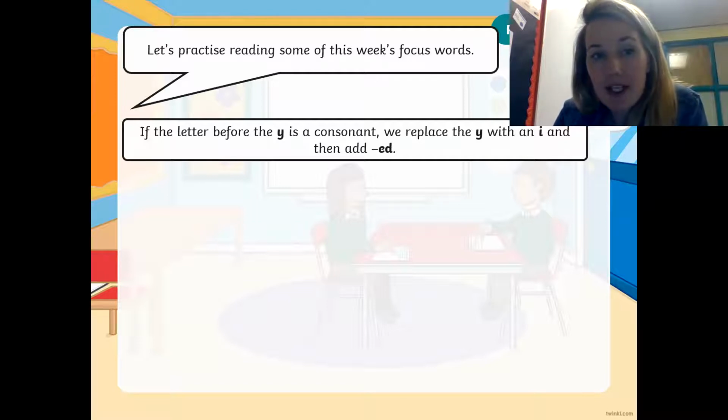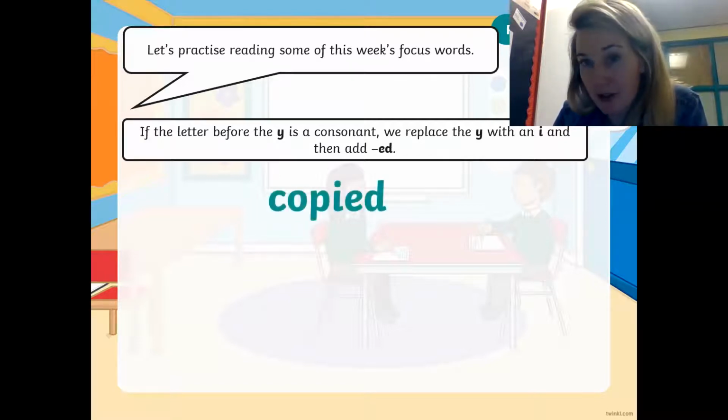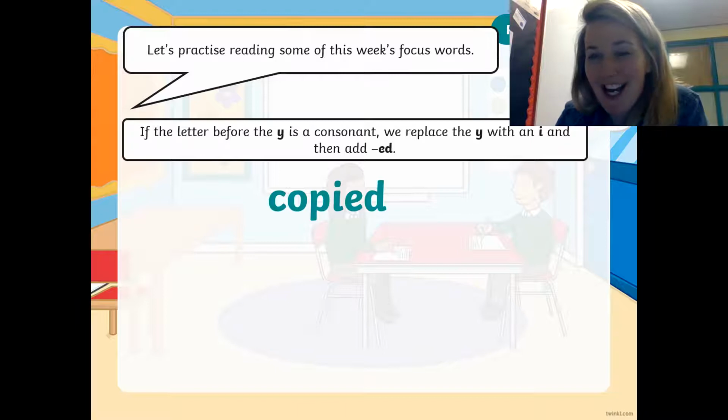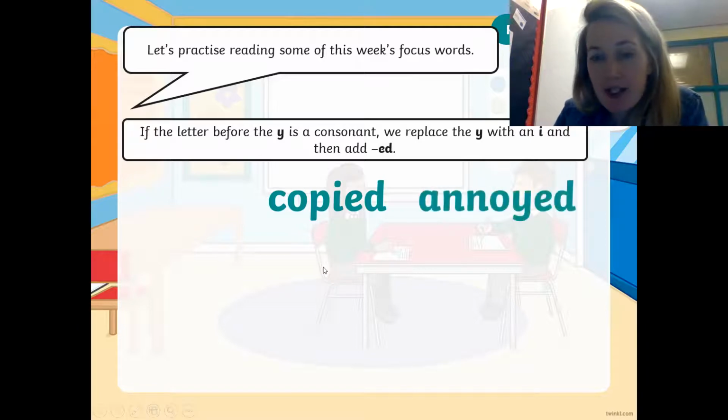So if the letter before the Y is a consonant, so not a vowel, not an A, E, I, O, U, then you need to replace the Y with an I and then add the ED, like in copied.